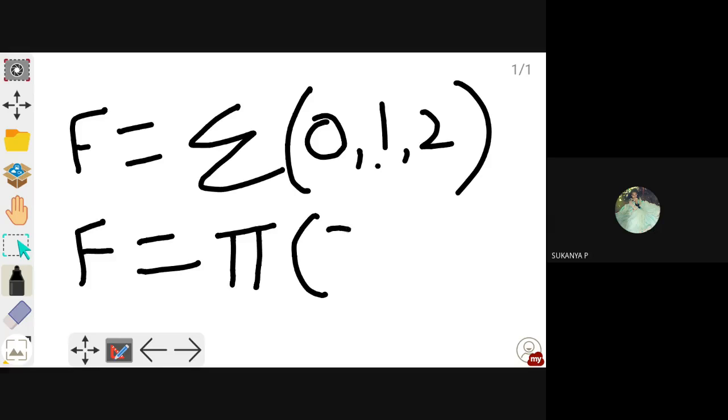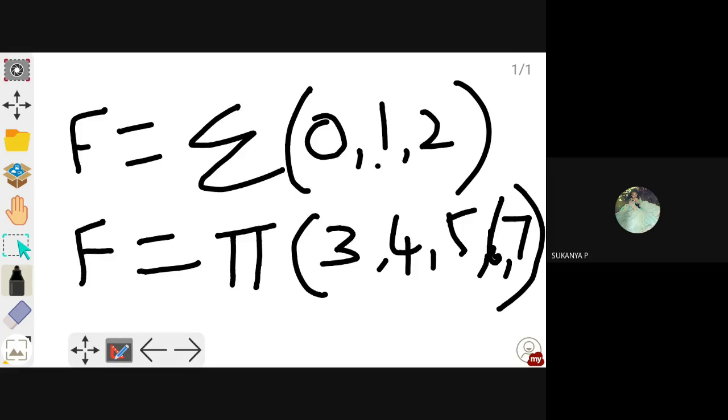So you can write this as 3, 4, 5, 6 and 7. Sum of min terms will be 0, 1 and 2, and the product of max terms will be whatever is missing in the min terms.